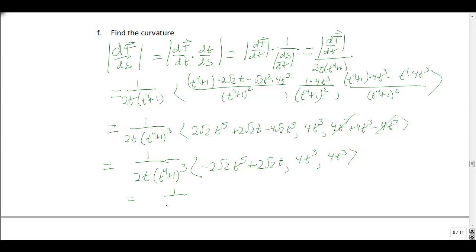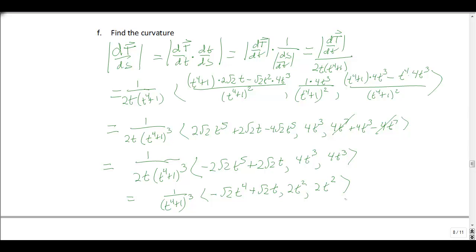So I can get 1 over (t to the 4th plus 1) cubed times negative square root of 2 t to the 4th plus square root of 2t, comma 2t squared, comma 2t squared.